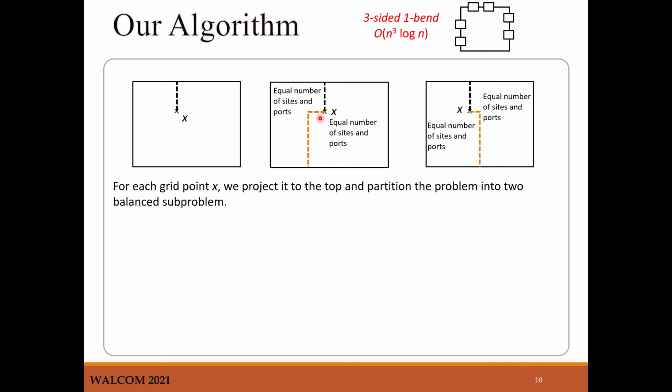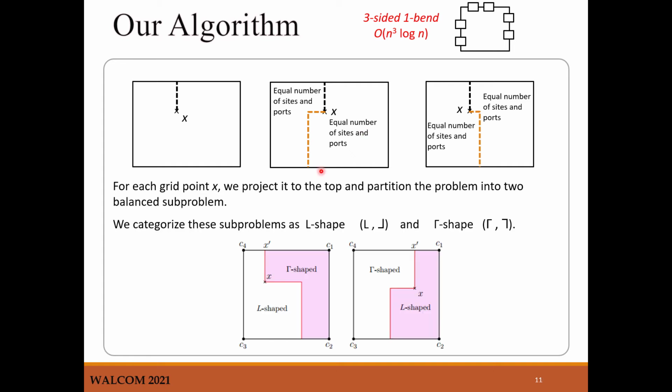And when you partition it like this, the partition can actually take different shapes. In this case, you can see this is kind of a gamma shape, and this is similar to an L shape. Now, based on this idea, we partition these subproblems into L type and gamma type like this.